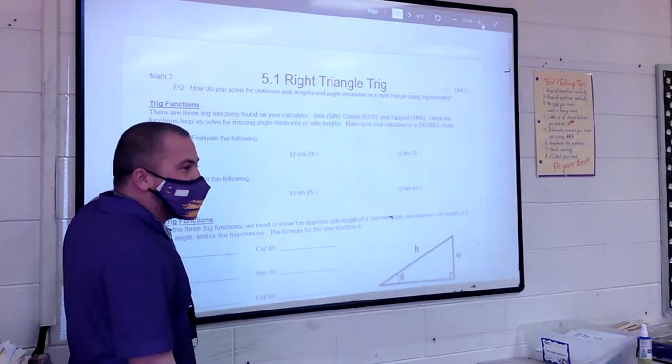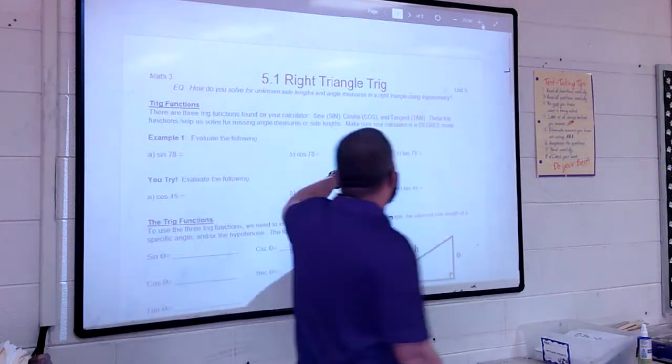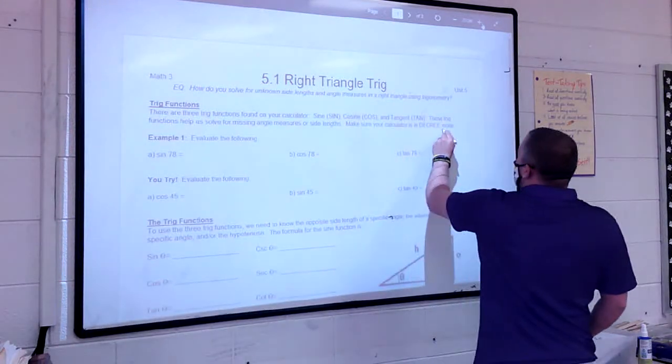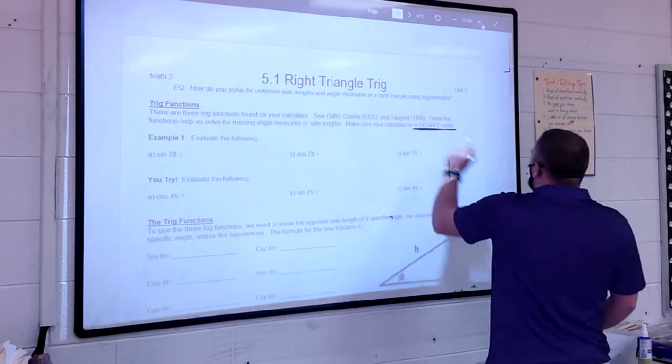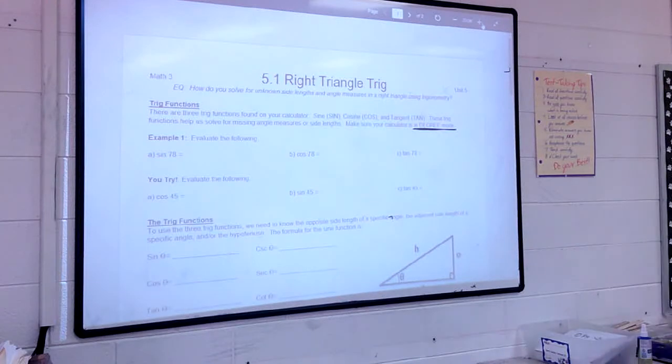These are angles, degrees. So our calculator has to be in degree mode. We have to hit mode, which is right beside the second button on the calculator. If you go down to that third row, it says radian or degree. We got to be in degree mode.